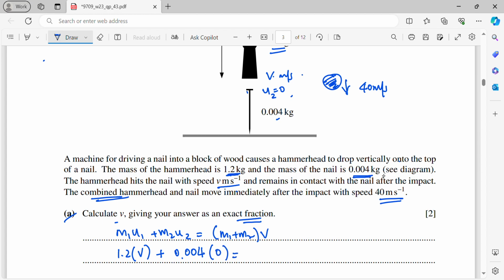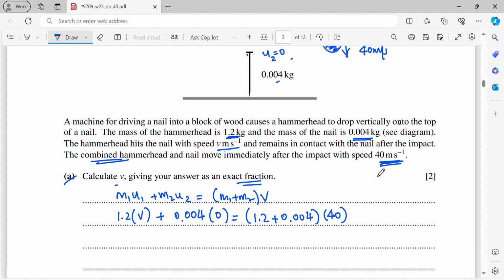So the total mass will be 1.2 plus 0.004, and the v, the speed after they combine, will be 40. From here, the left hand side gives 1.2 v, and the right hand side gives 1204 over 25.